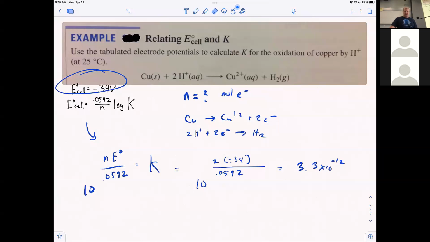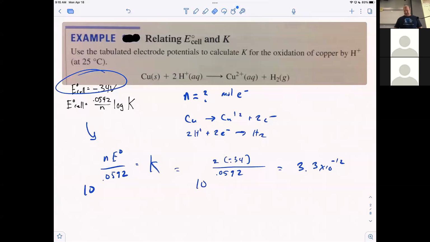So we can solve for the equilibrium constant. It's 10 to the number of moles times the standard cell potential over 0.0592. We plug in the numbers, 2 moles of electrons, negative 0.34 volts over 0.0592, and we get 3.3 times 10 to the minus 12 for the equilibrium constant.